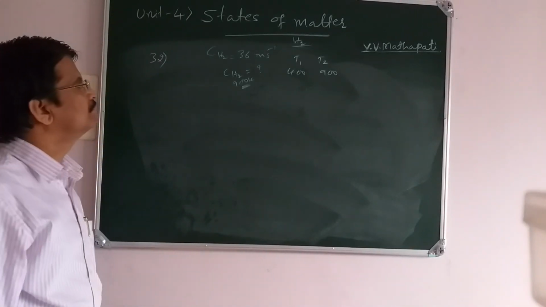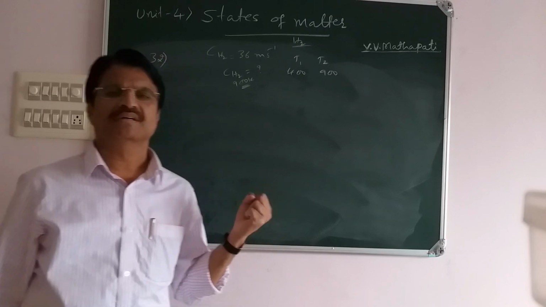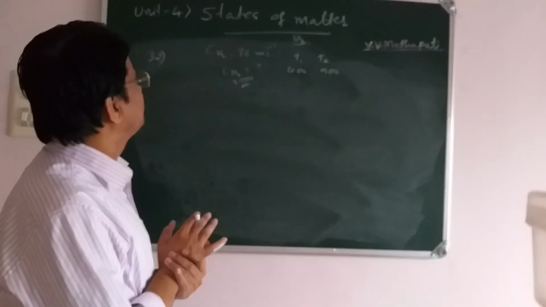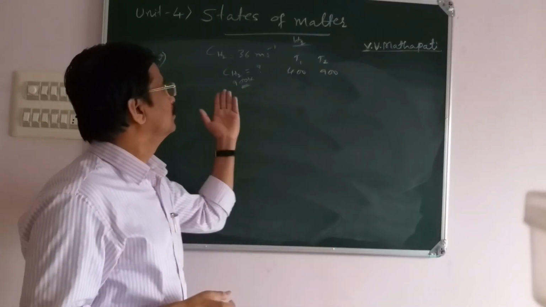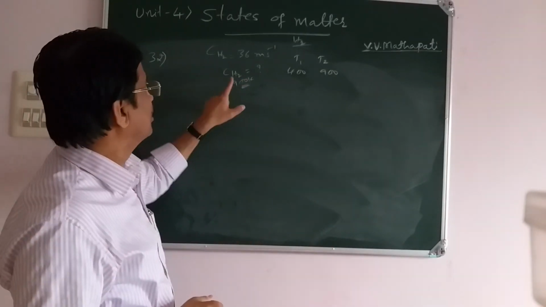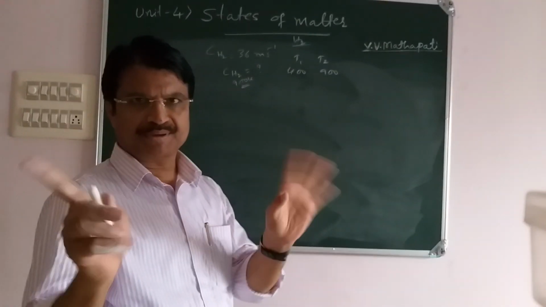First you write roughly what values are given and think which formula we can apply. Here again they give RMSV and temperature and what compound is given, but the molecule given is only one, hydrogen. Therefore M cancels.